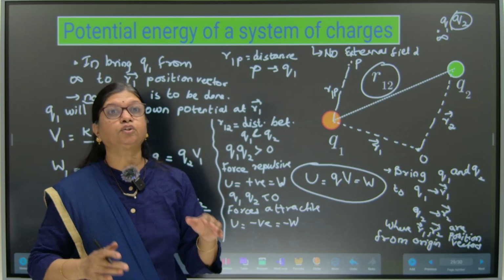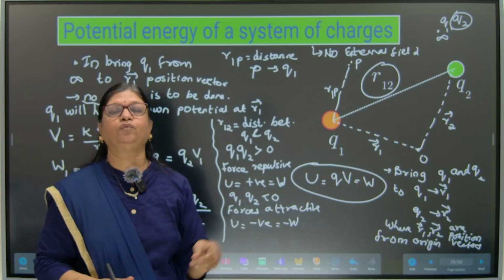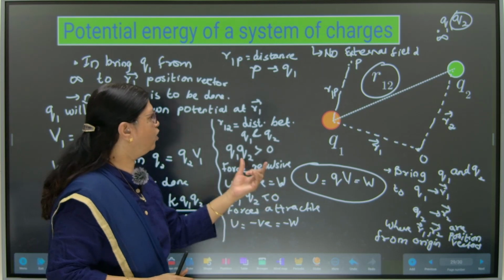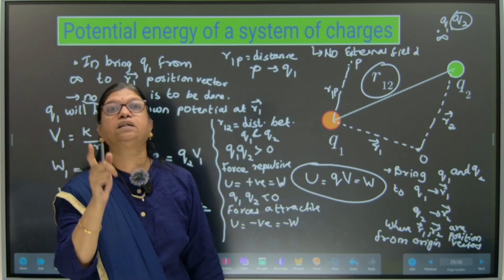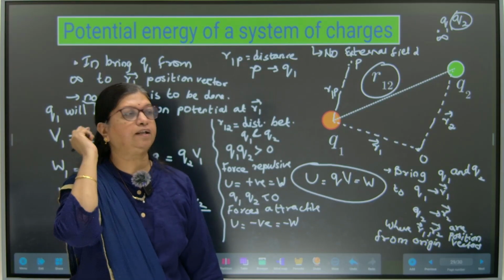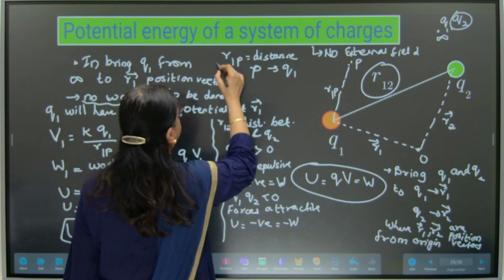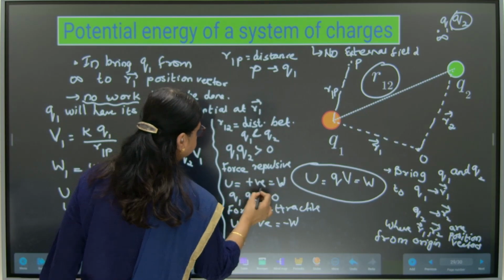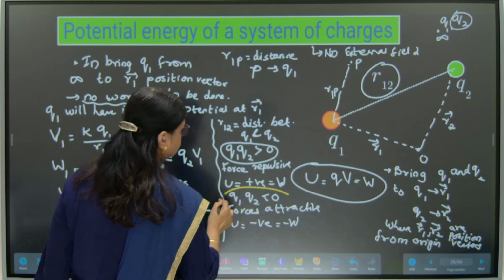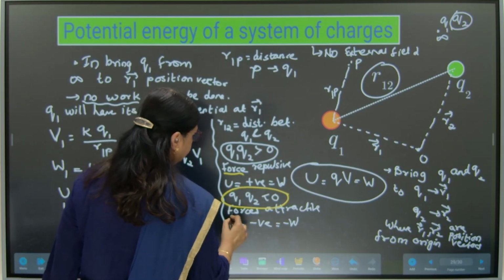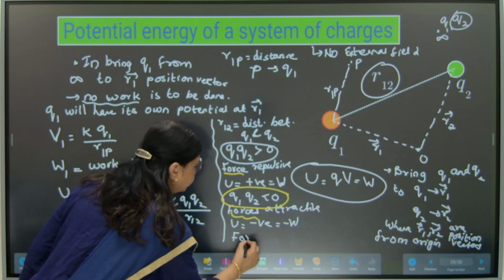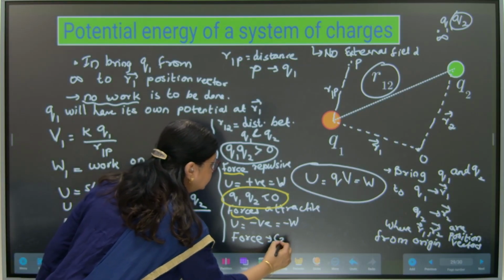Correct? Okay. So, whether the force is attractive or whether the force is repulsive, the electrostatic force between two charges is conservative. What is it? Conservative. This force between Q1, Q2, whether positive or negative, is conservative.